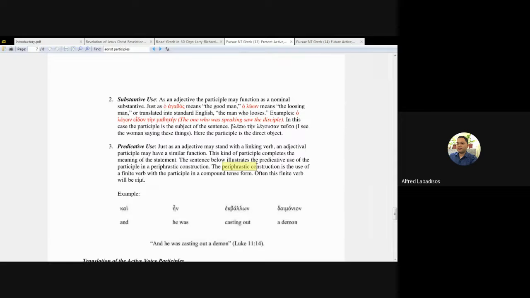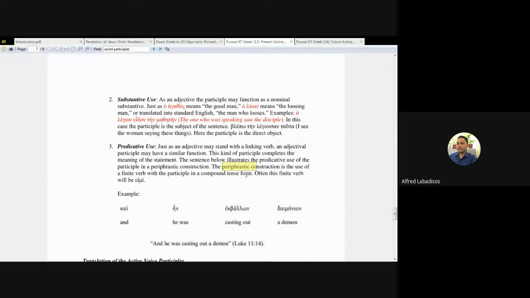They are finite verbs; they have persons. So most of the time in a periphrastic construction, the participle is connected with the finite verb in a compound tense form.